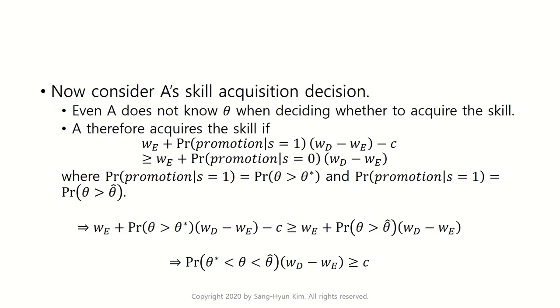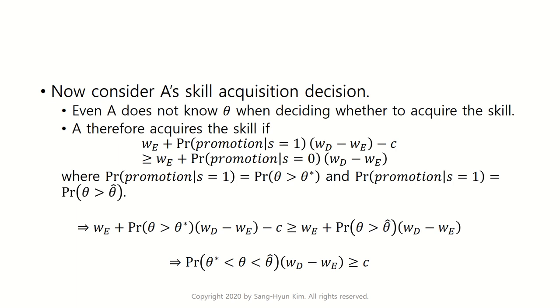No matter what, you will get at least WE. And if you're promoted, then you will get additional wage, which is WD minus WE. Okay? And because you make an investment, you have to bear that investment cost C. So that's the left-hand side.